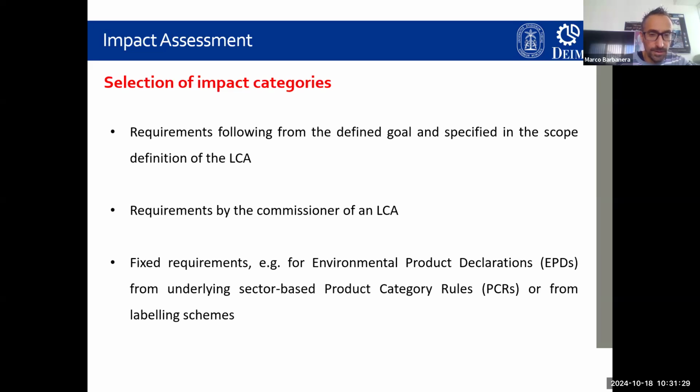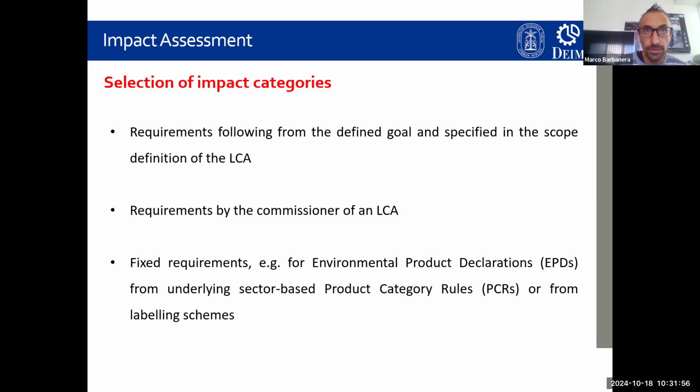Depends in particular, for example, if you want to use the LCA study for the evaluation of the environmental impact of a product for a company. The selection of the impact categories depends on the requirements by the commissioner of the LCA study.